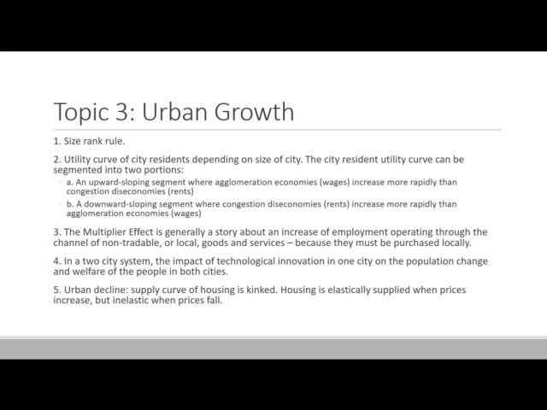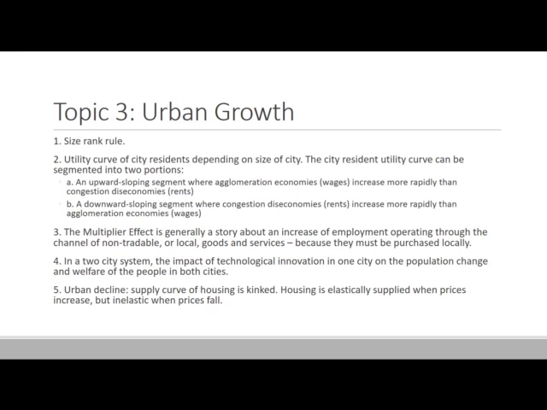Okay, and the second one is basically how to model the utility of city residents depending on the size of the city. In general, it will be something like an inverse U shape. This kind of utility curve always has two parts.